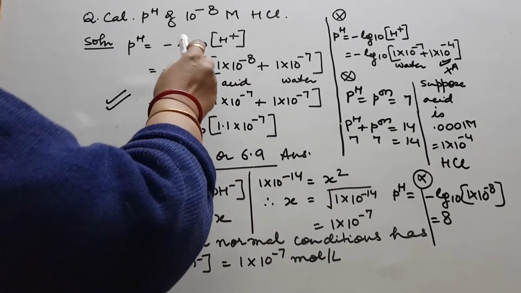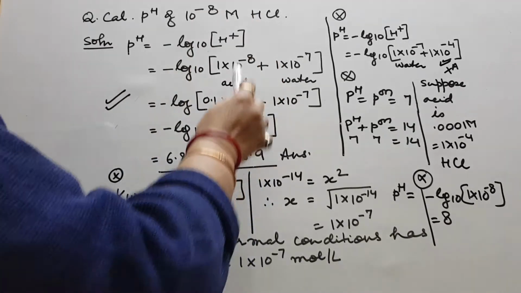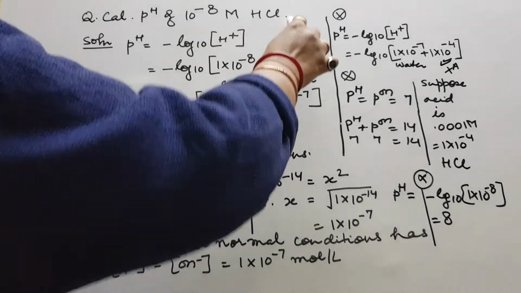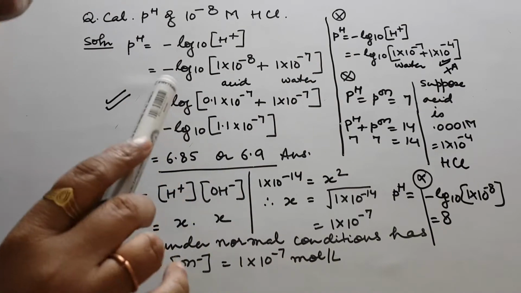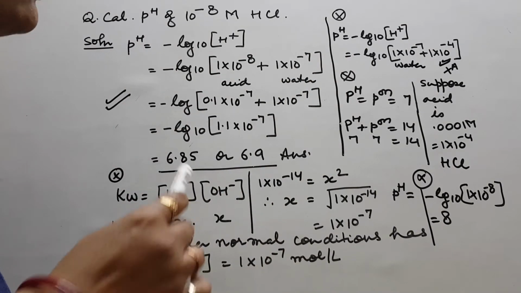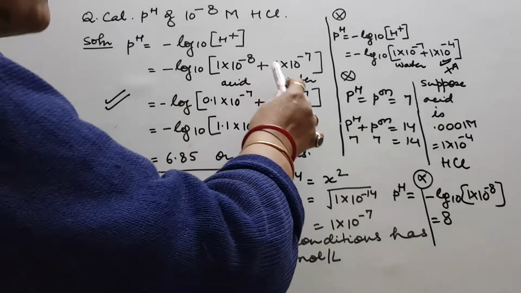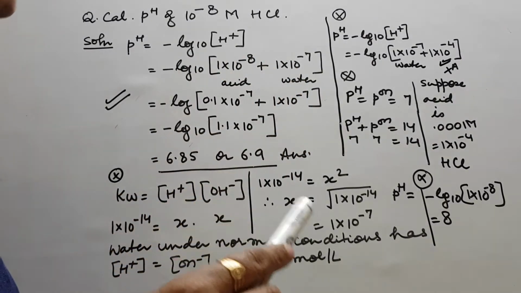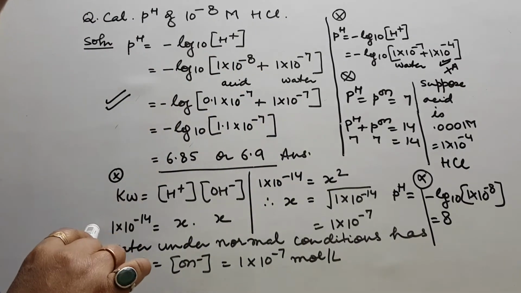What mistake? Because the logic is pH is equal to minus log of H plus, where what I am getting from acid and what I am getting from water, they both should have been considered. We cannot ignore what we are getting from water. Reason? Water is providing us H plus more than what acid is providing us.